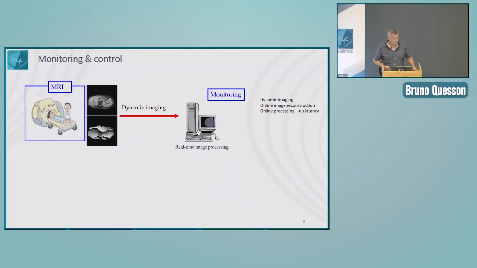The idea is really not to measure the temperature at one point, the absolute temperature, but really to monitor the temperature change during the ablation, because the idea beyond that is to be able to treat various diseases by locally increasing the temperature.